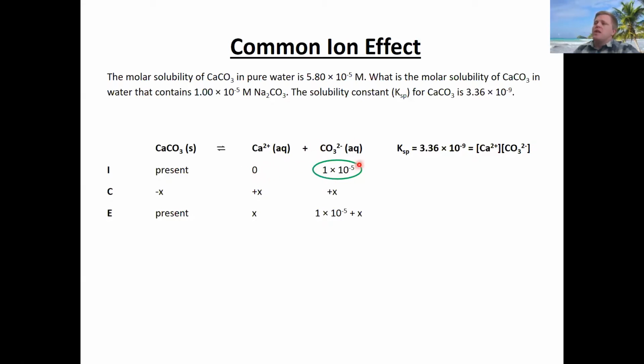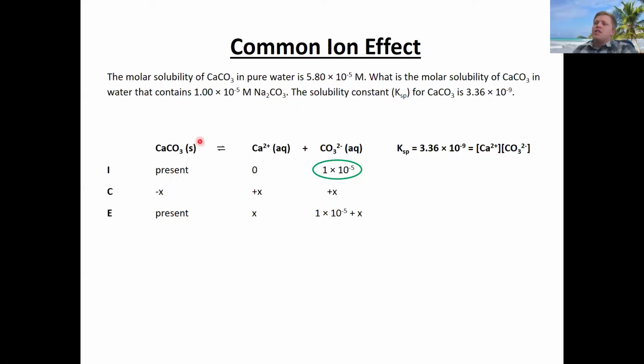But for carbonate, we now have to include the concentration resulting from adding this sodium carbonate. So the sodium carbonate was added at a concentration of 1 × 10⁻⁵ molar. And for every mole of sodium carbonate we add, that's going to dissolve to give us 1 mole of carbonate ion. So the concentration of the carbonate ion is equal to the initial concentration of sodium carbonate.